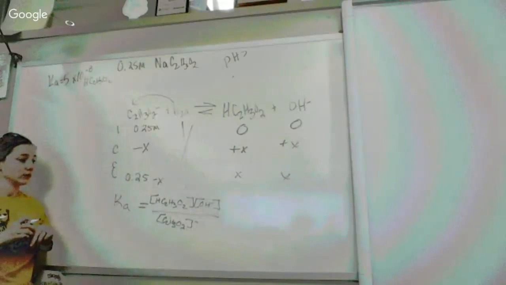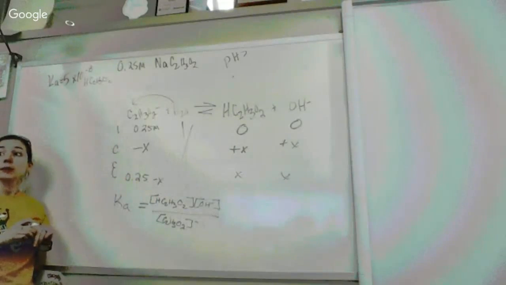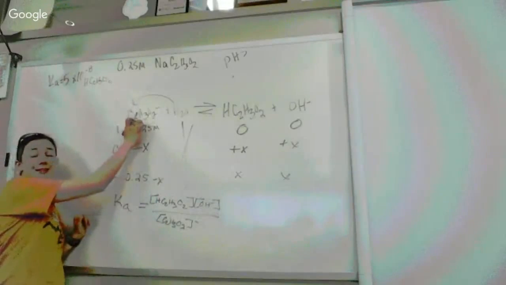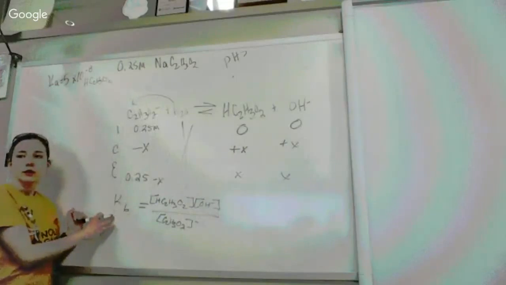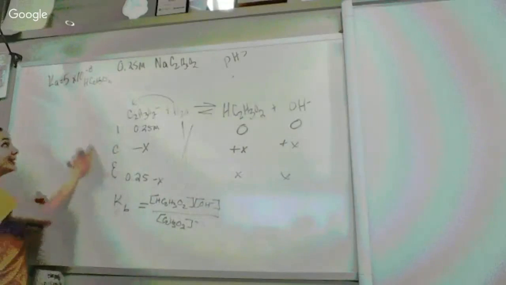Why is that bad? It's a basic solution. I have a base that's reacting, so I have to have a base K value, and they didn't give me one of those.